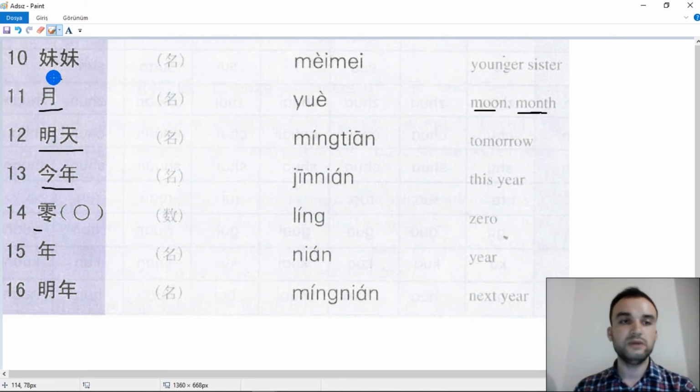Okay, what can we do? Here 月 and 明天. We can say 明天 10 December, or 10 of December, or December 10th.